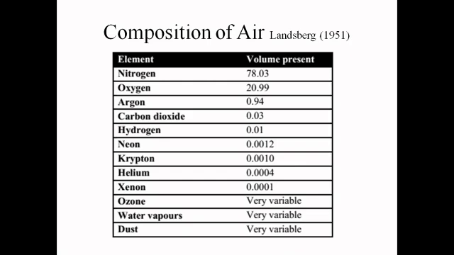Among the different gases, the most important is oxygen, which is well known as pranavayu, or the gas for life. Respiration is one of the most widely used mechanisms of ATP generation in living organisms.